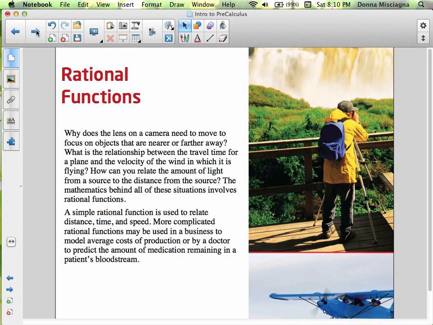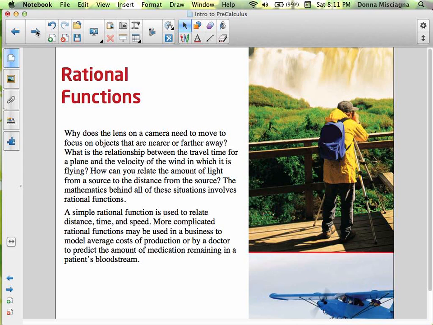Rational functions. Why does the lens on a camera need to move to focus on objects that are nearer or farther away? What's the relationship between the travel time for a plane and the velocity of the wind in which it is flying? How can you relate the amount of light from a source to the distance from the source? The mathematics behind all of these situations involves rational functions.